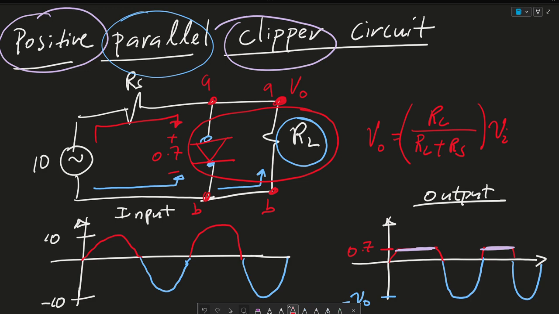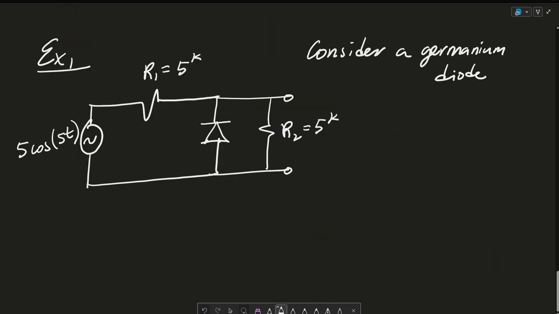So let's do two examples to really get an exercise about these circuits. This is the first example, and in this example, we're set to consider a germanium diode.